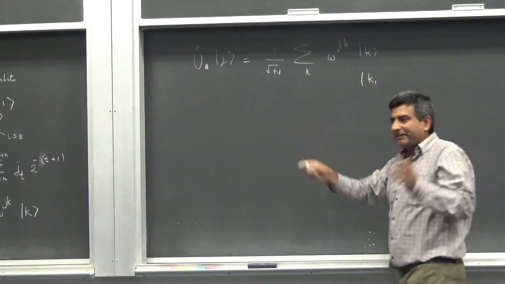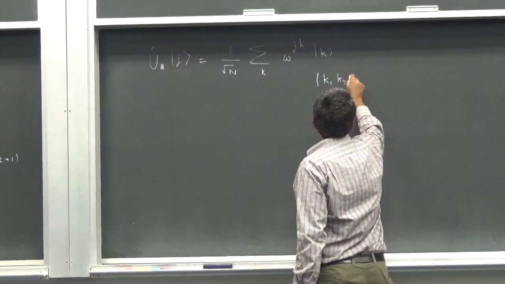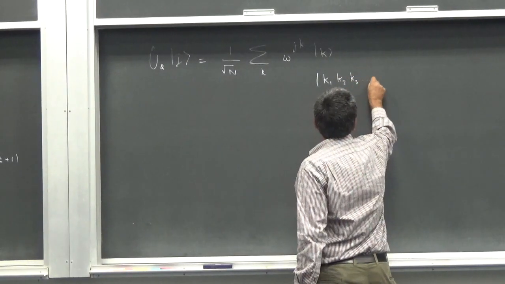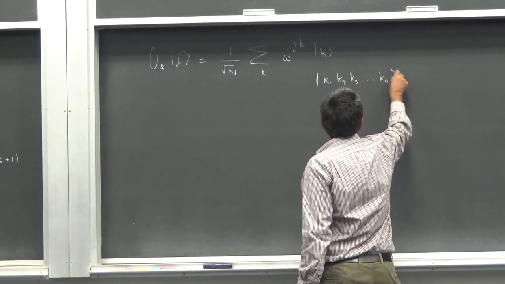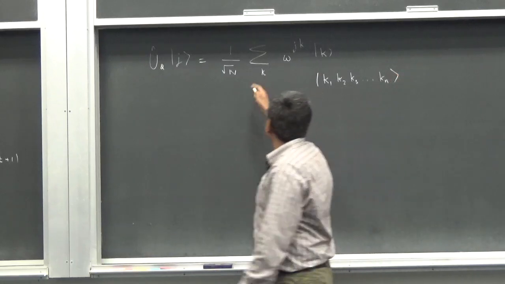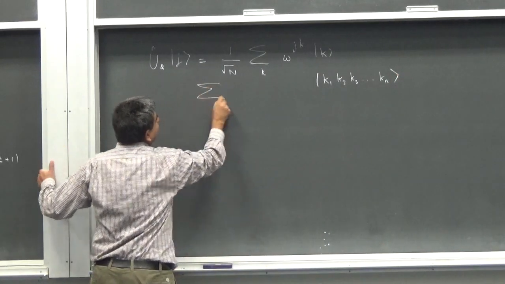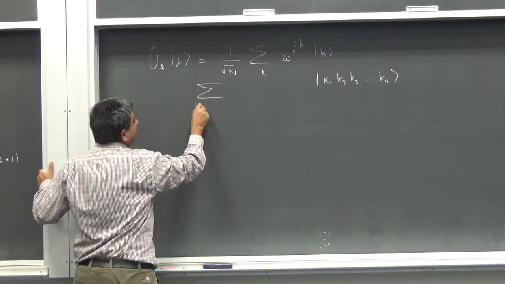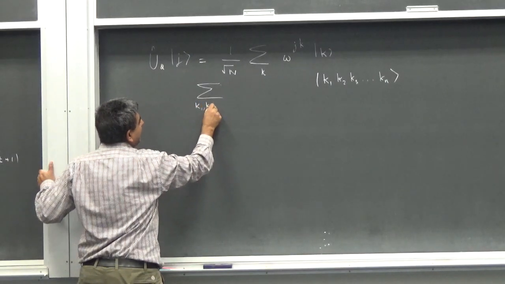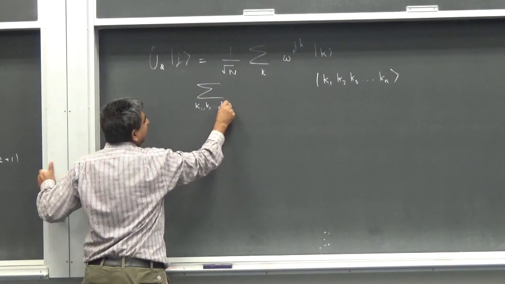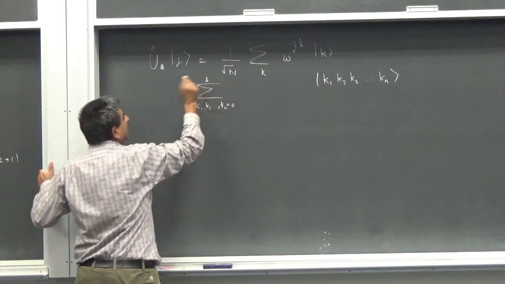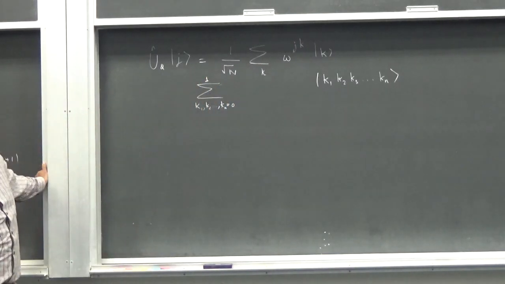This can also be expanded as k1, k2, k3 all the way up to kn. And you can replace this summation over k with a sum over k1, k2 all the way up to kn, where each one of them is 0 and 1. Can't you do that? You can do that, right?